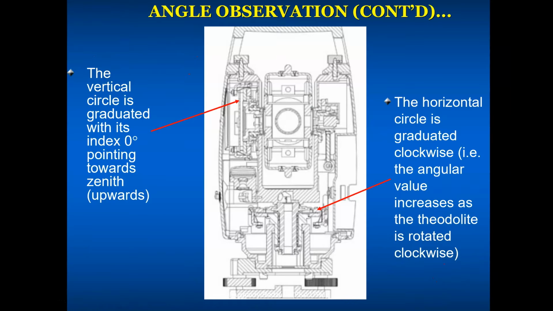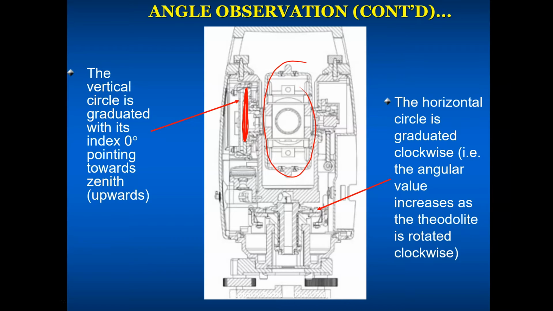Now, this slide is just to show the horizontal and vertical circle, the readings that you obtain. How do we get those readings? The vertical circle basically sits on the telescope. There's a glass plate here, akin to a protractor, a whole circle protractor, 0 to 360.